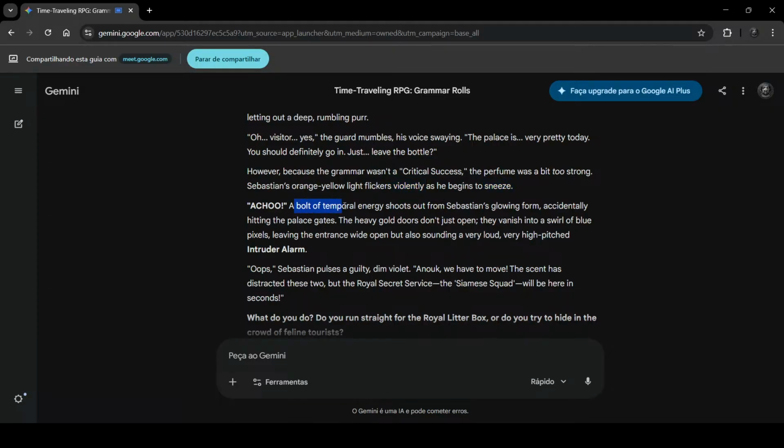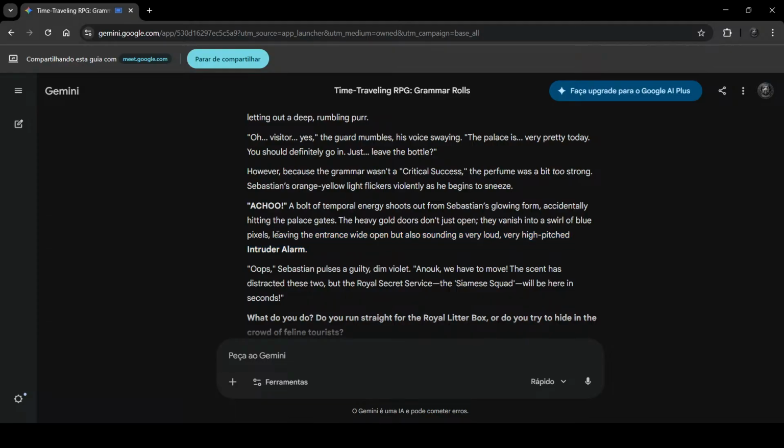A bolt of temporal energy shoots out from Sebastian's glowing form, accidentally hitting the palace gates. The heavy gold doors don't just open, they vanish into a swirl of blue pixels, leaving the entrance wide open but also sounding a very loud, very high-pitched intruder alarm.